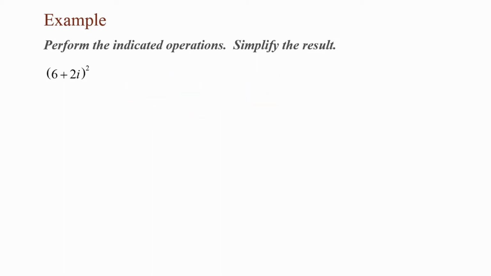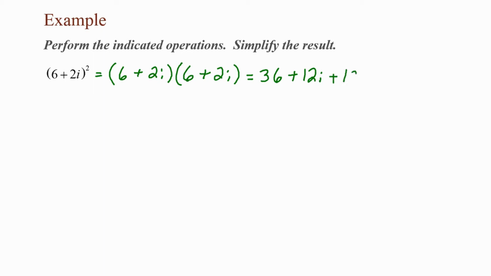In this example, perform the indicated operations and simplify the result. Parentheses 6 plus 2i, squared. Remember, when we have a parenthesis squared, that's really a parenthesis times a parenthesis. So this equals 6 plus 2i times 6 plus 2i. 6 times 6 is 36. 6 times 2i is a positive 12i. 2i times 6 is a positive 12i.